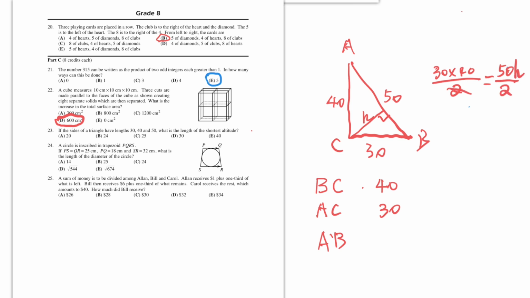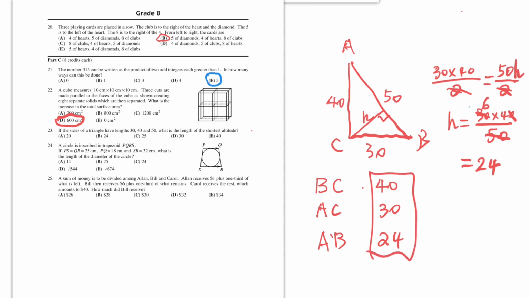So both cancel 2, and H equals, dividing both sides by 50, 30 times 40 divided by 50. Cancel 1 zero. Cancel 5 and 30 gives us 6. So H equals 24. Now we have the height. Shortest height is the 24. The answer is B.